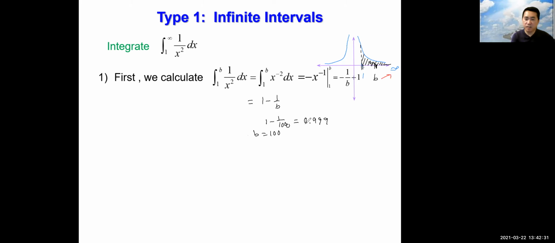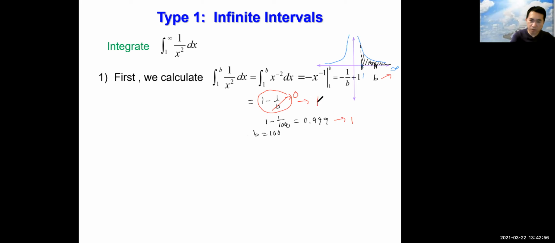You can see this number getting closer to 0.999 and 0.9999, so it's actually approaching 1. In fact, from the formula here, as b approaches infinity, that term approaches 0, so the number getting larger and larger will approach 1 in the end.